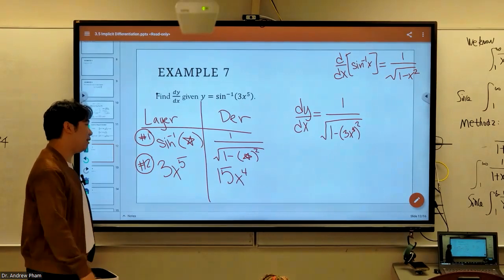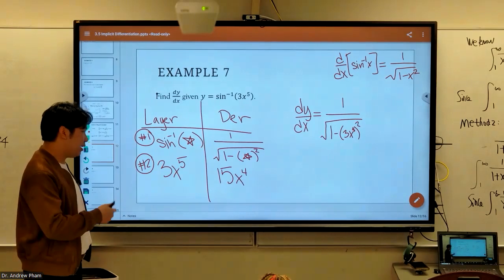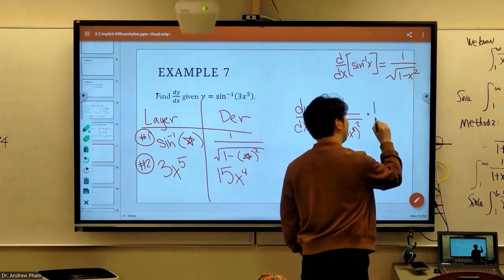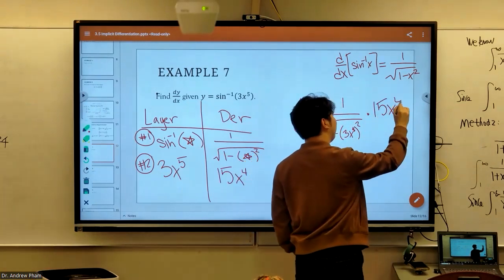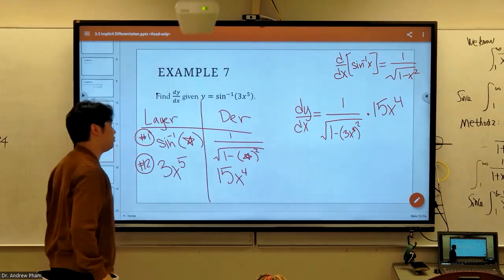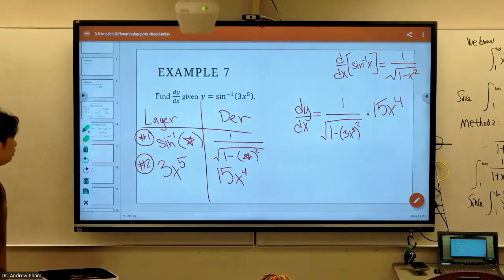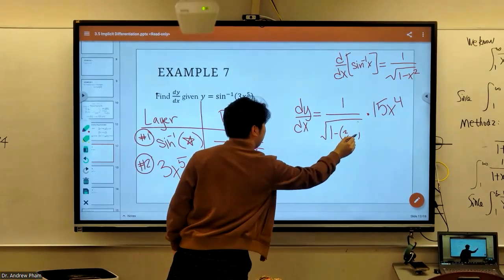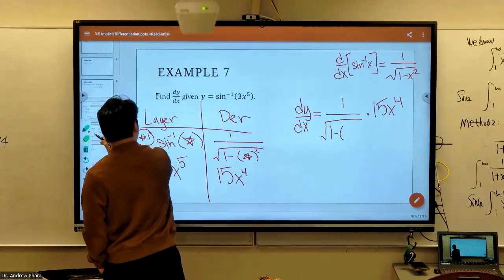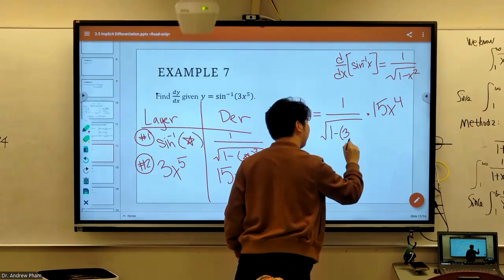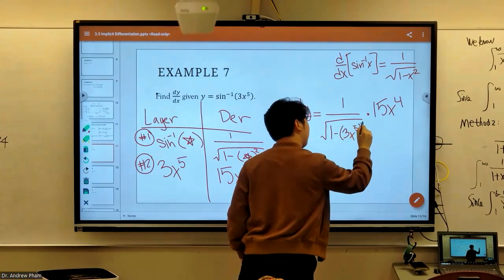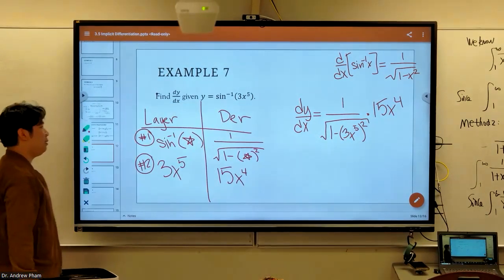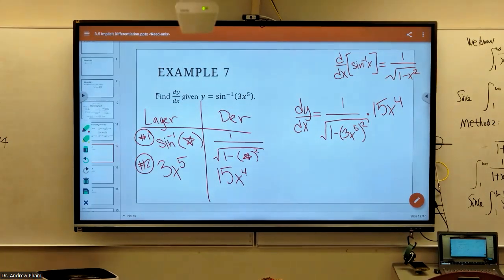So that's my first layer times the derivative of the second layer. So times 15x to the fourth. And let me write that little thing right here a little bit clearer so that it's easier to see. That's 3x to the fifth, squared. Close it. All right, and then we have our derivative.